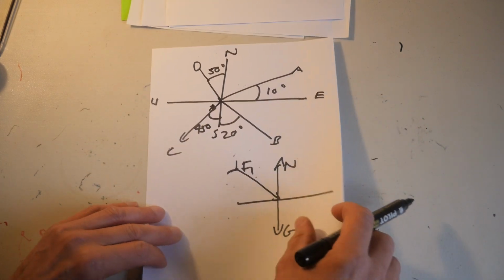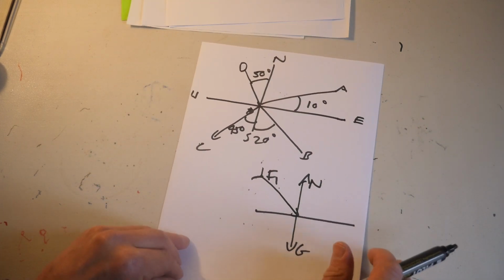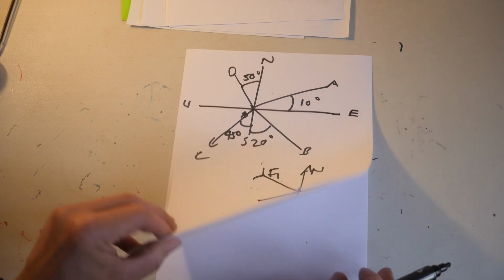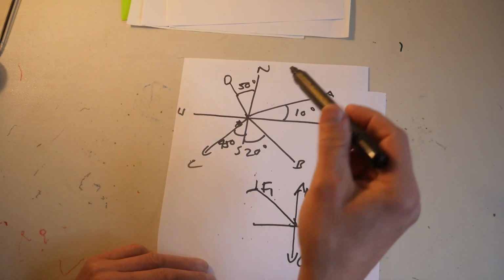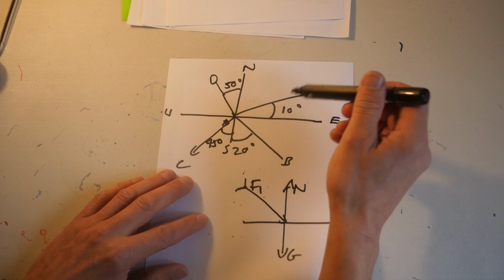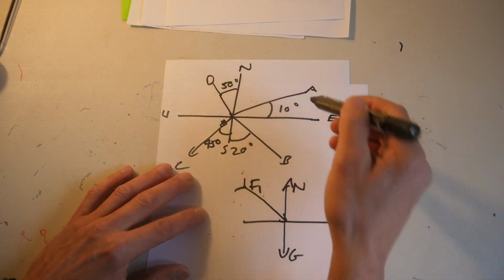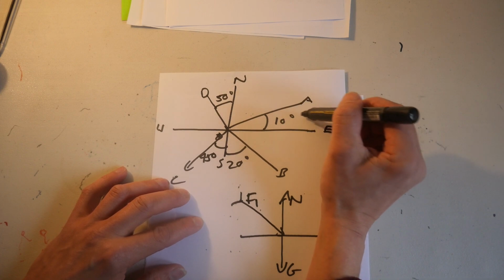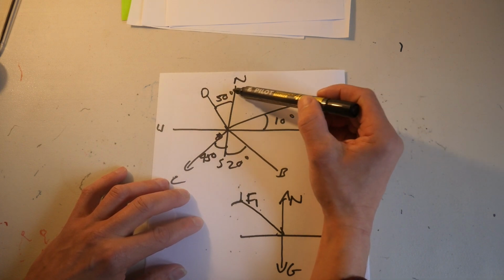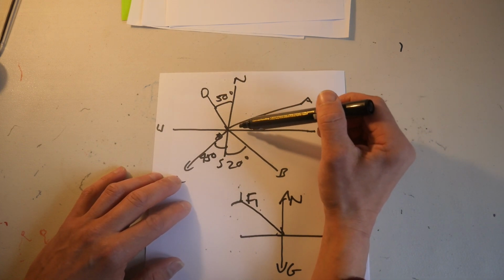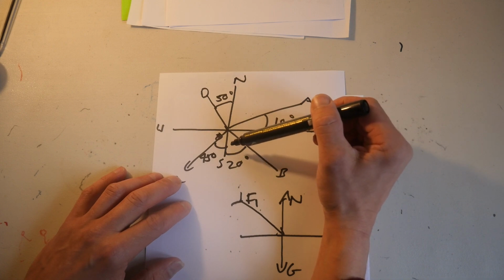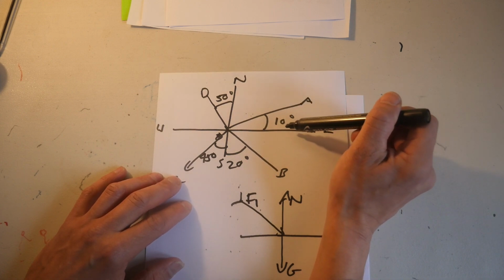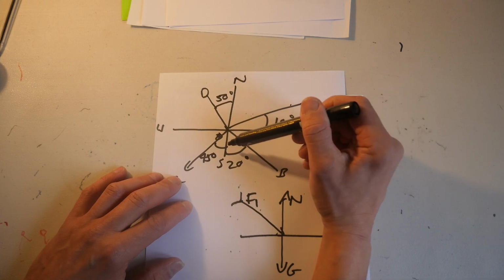So this is described as, so that's basically east, and this is described as 10 degrees north of east. OB is described as 20 degrees east of south. So that's 10 degrees north of east, 20 degrees east of south.